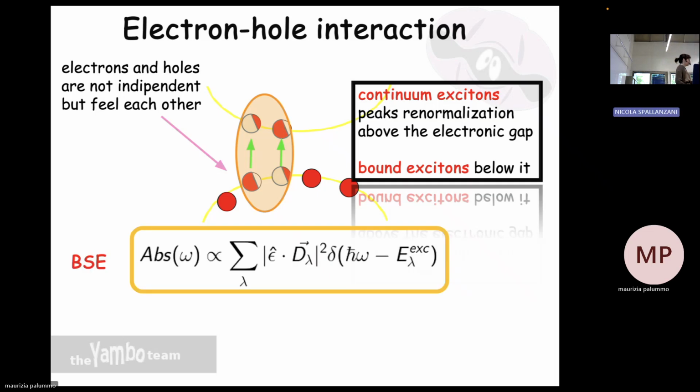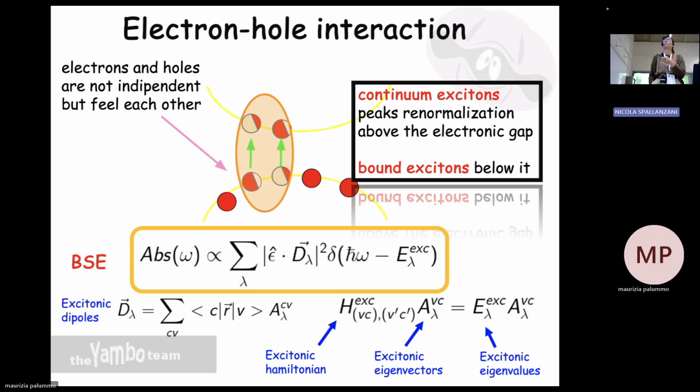What we will see at the end is that the absorption we obtain is similar to the independent particle one, but profoundly different, because here the dipoles are excitonic dipoles that can be obtained through the diagonalization of what we call an excitonic Hamiltonian.